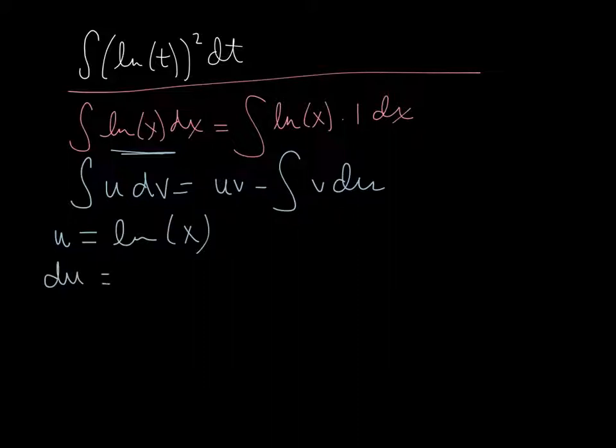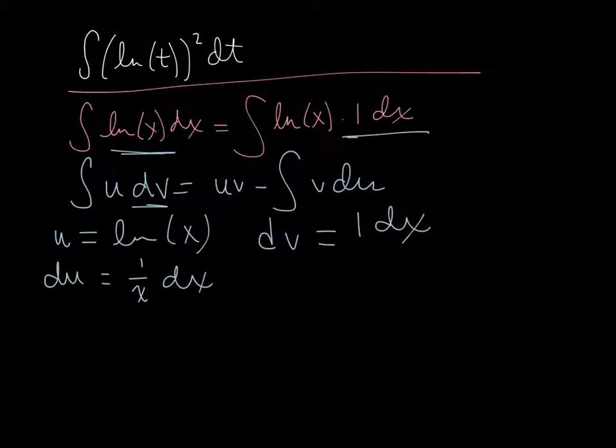My du then, of course, is 1 over x dx. My dv is this piece, my 1 dx. So dv equals 1 dx, which means v would have to be x, to be able to find the antiderivative of just 1.